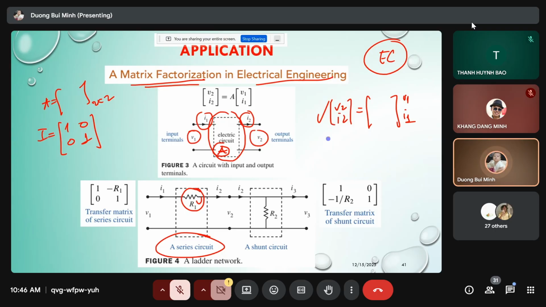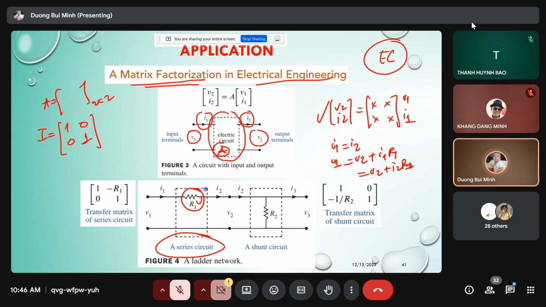We don't know A, but look at this one. We know I1 is I2, in series. And V1 is V2 plus I1 R1, or V2 plus I2 R1. The same, because this is the same.